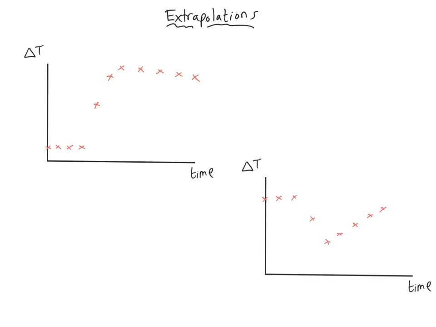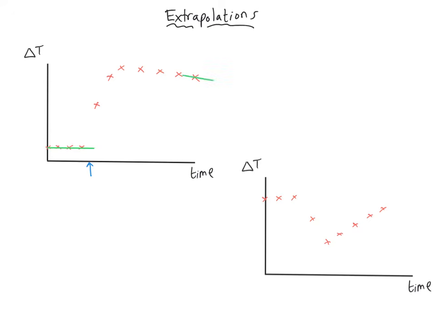I just wanted to give you two more examples of extrapolating because it isn't an easy concept. So if we take the top one, which is an exothermic reaction again because the temperature goes up, our extrapolating at the start would look something like this. And then the temperature of mixing was not measured, so we need to extrapolate the other line.